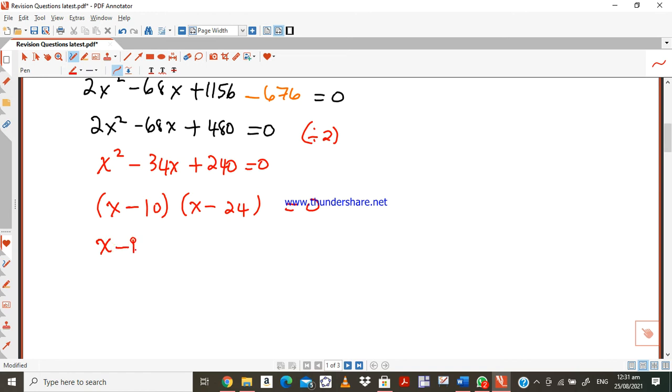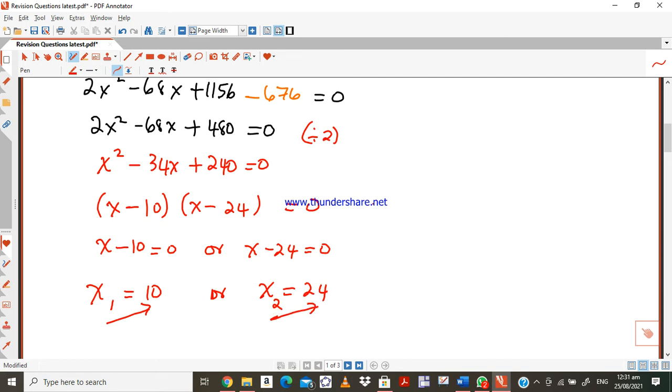So if you multiply two numbers and the product is equal to 0, it implies that one of them should equal 0. So the first answer then is x is equal to 10, or, second answer, x equals 24. So these will therefore be the dimensions. The dimensions of the rectangle will have the length as 24, well, if they say centimeters, then you say that.